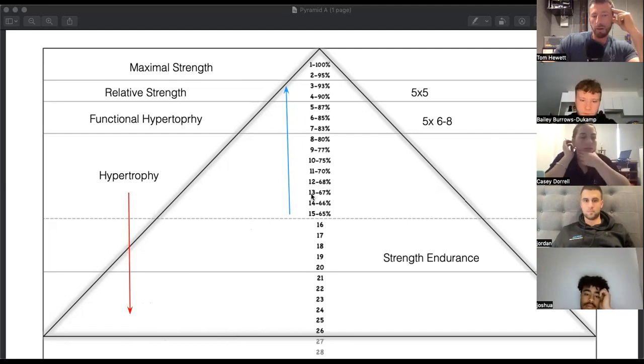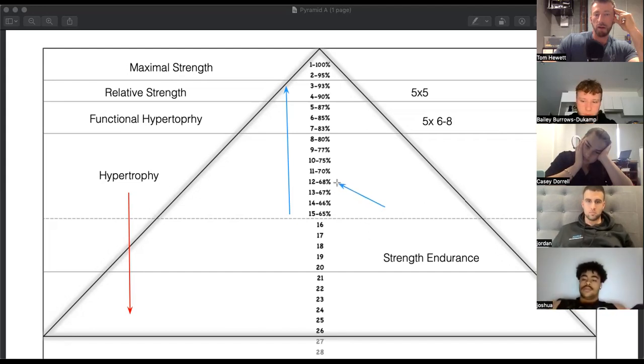So usually in the first phase of training, I'm doing 12s. They might get some 10s if they've had a little bit of an athletic background. There'll probably be some 14s and 16s in the accessory work. But yes, I'm starting them at this point in the pyramid, around that 10 to 12 mark. And that's where the big beginner goes.